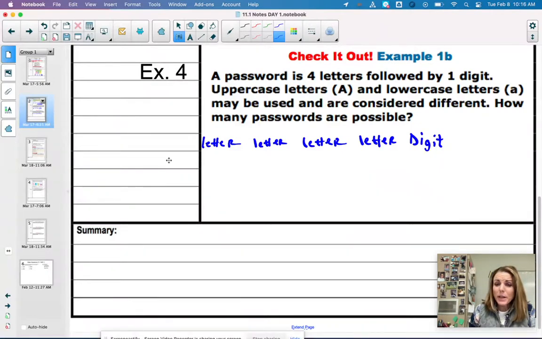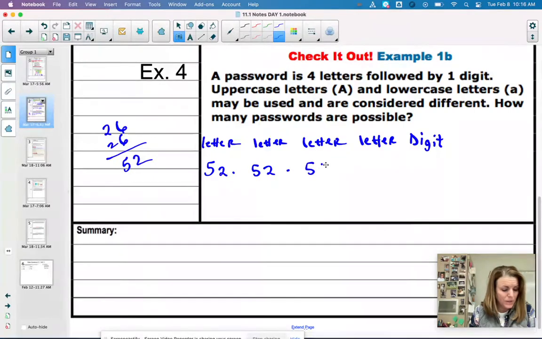So if we're talking about uppercase and lowercase, that means there's 26 uppercase and 26 lowercase, so 52 letters in the alphabet. It doesn't say that we can't use them more than once, so we assume we can. So 52 times 52 times 52 times 52, and the digits are 0 to 9.